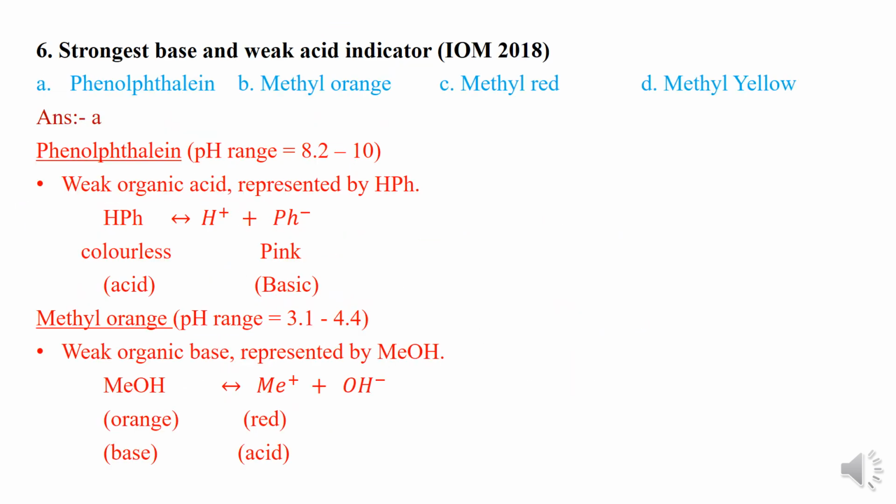Strongest base and the weak acid indicator is, right? The salt formed by the combination of strong base and weak acid will be basic. Remember this, right? The salt will be basic, right? Because the base is strongest. So which one is strongest? Base. So salt will be basic.